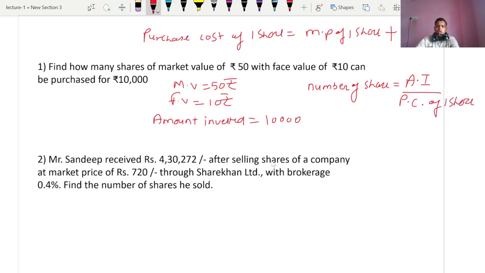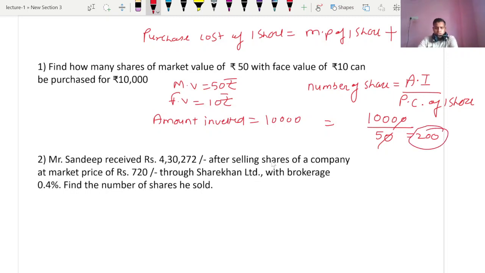Okay. So what is the amount invested? Amount invested is 10,000 divided by the purchase cost of one share. Since there is no brokerage involved, the purchase cost is equal to the market value, which is equal to 50. So this will become, I think, 200. Okay. So how many shares can you buy with 10,000 rupees? 200 shares.